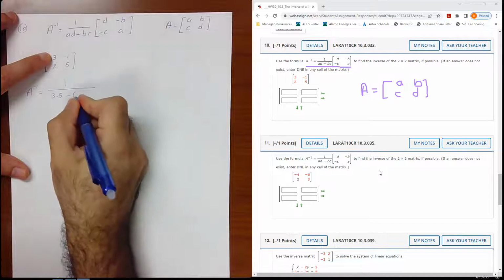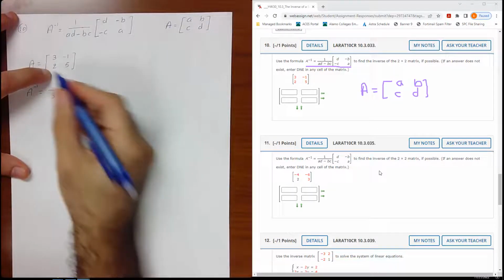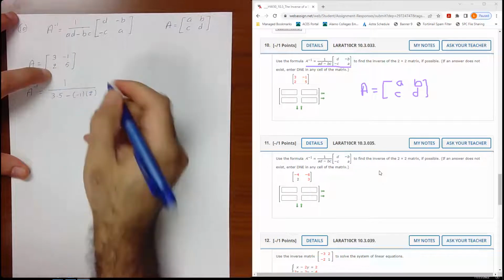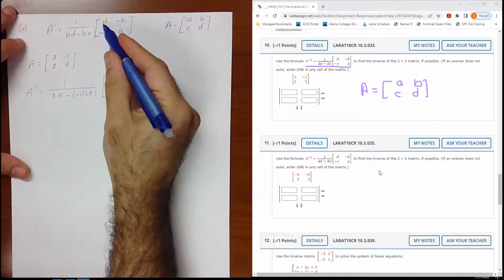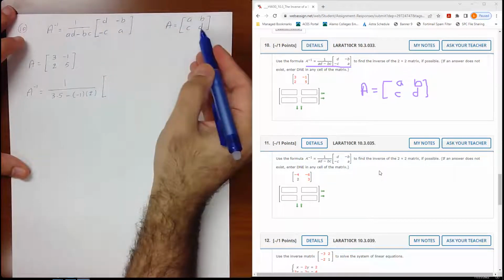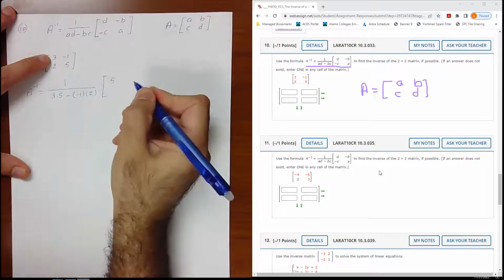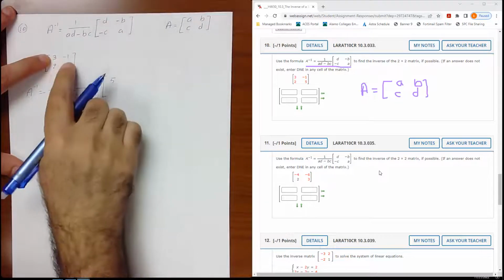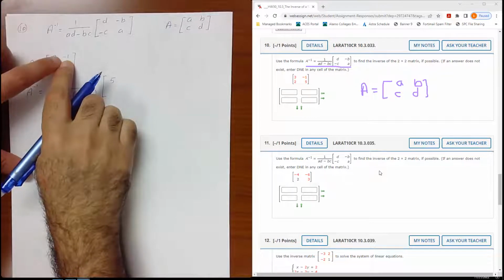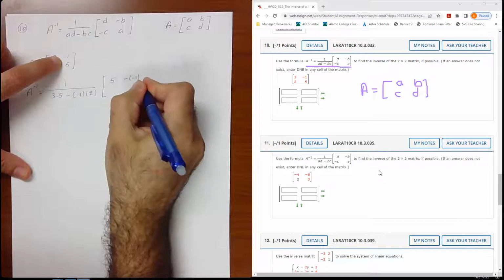So B is -1 times C. Here is the C, which is 2. Now I'm going to open this bracket for the matrix. I'm going to put D here. D in this location, I'm going to put it here. So it's going to be 5 and negative B. So where is B? This is B. So negative this number. Be careful here. Negative B.